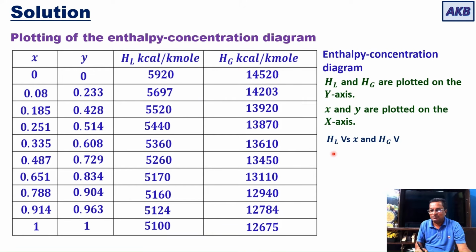Enthalpies of the liquid solution will be plotted against the mole fraction of the more volatile component in the liquid solution, that is HL versus X. And enthalpies of the saturated vapor will be plotted against the mole fraction of the more volatile component in the vapor phase, that is Y. So we are going to get two curves, HL versus X and HG versus Y, when we plot the enthalpy concentration diagram.